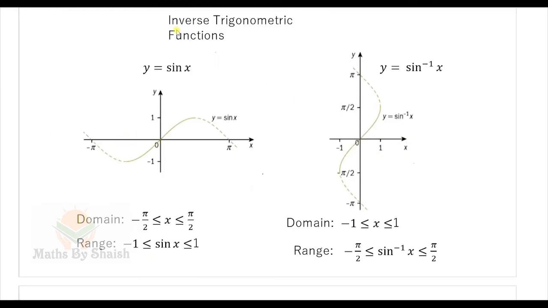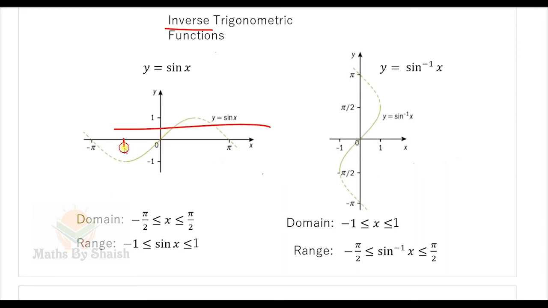Here are the inverse trigonometric functions. In order to define the inverse function, we know that the sine function is periodic, so if we take the whole domain, it will not be one-one, which we can check from the horizontal line test, so you cannot define the inverse of sine.